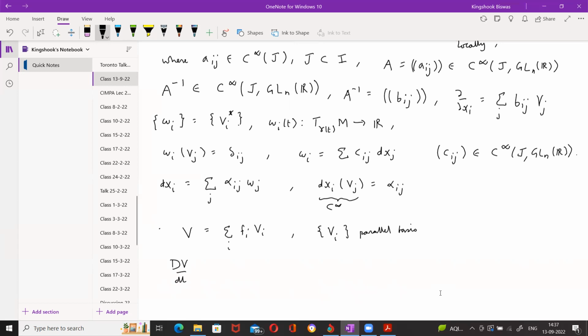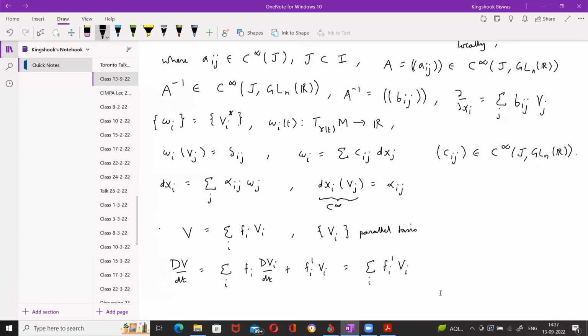By the Leibniz rule, this is going to be summation f_i dv_i/dt plus f_i prime v_i, right? And dv_i/dt is 0. So this just becomes summation f_i prime v_i.